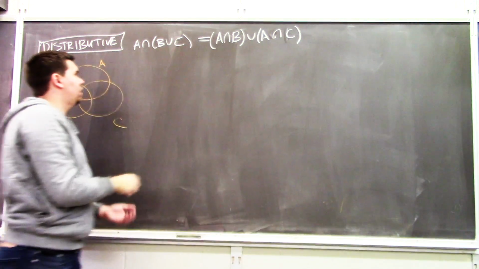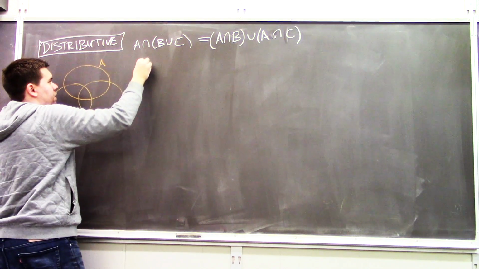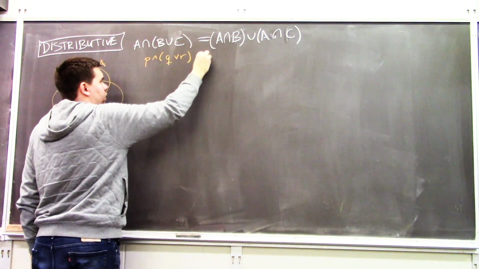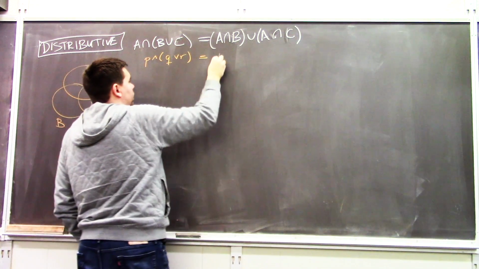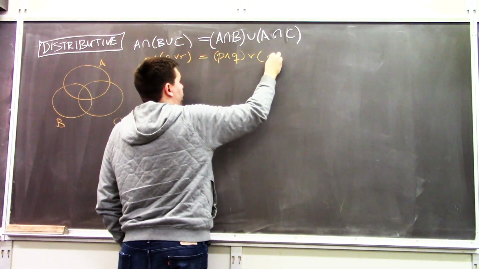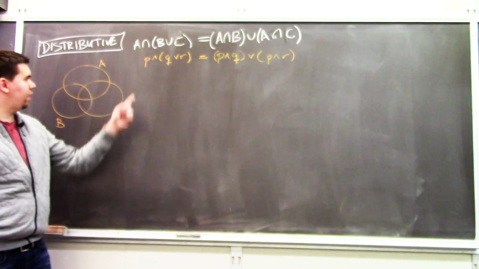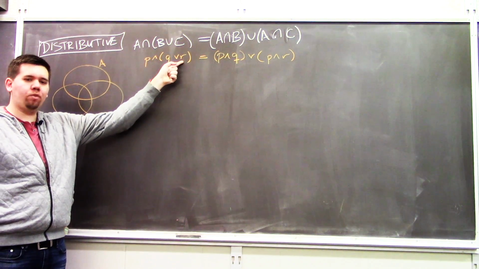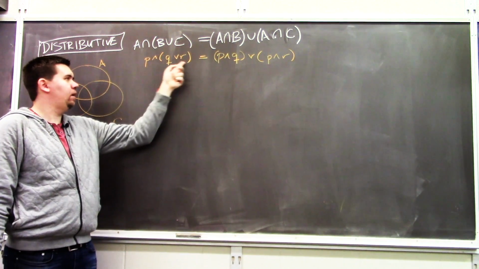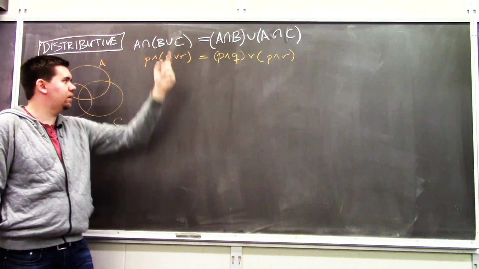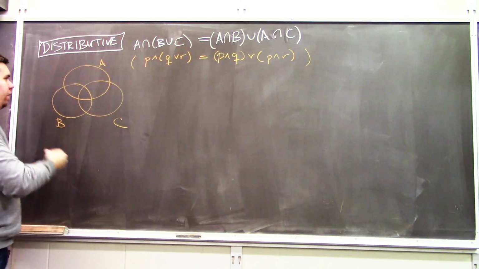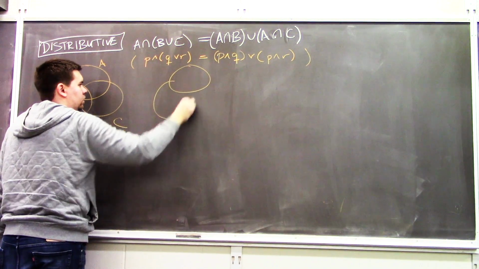You should think this is analogous to saying P and (Q or R) is logically equivalent to saying (P and Q) or (P and R). Because how can you satisfy both P and (Q or R)? It means you've satisfied P and Q, or you've satisfied P and R. So exactly analogous to that. And you can verify this with a Venn diagram.